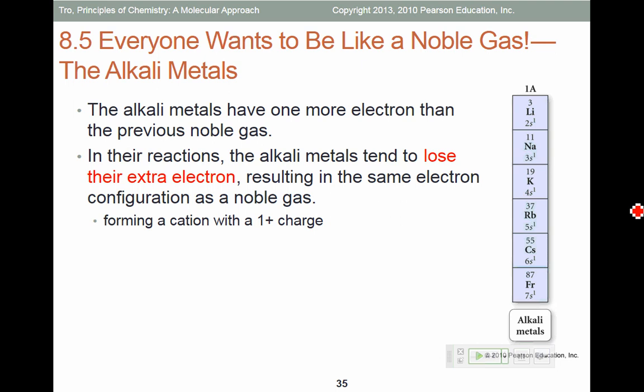If we look at sodium, we can put neon in brackets, and then it's 3s1. If we lose that electron, sodium looks like neon. Neon has 8 electrons in its valence, so that's what the group 1 metals are trying to do, and that's why they form a +1 charge. Because when they form a +1 charge, they're more stable, and they look like the noble gas before them.